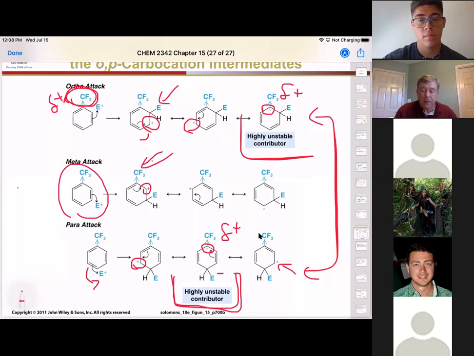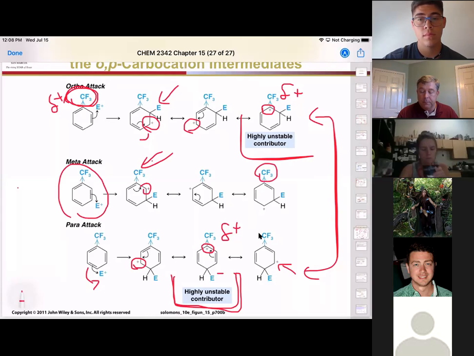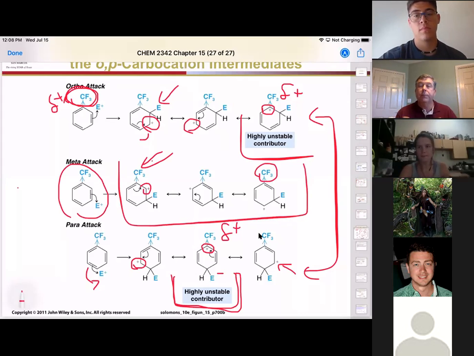Okay, so as we resonance contribute all the way around the ring, it never has that positive charge, that carbocation, on that carbon with our withdrawing group. Therefore, all 3 resonance contributors are equal, and therefore it is more stable overall than either of the other 2 attacks.